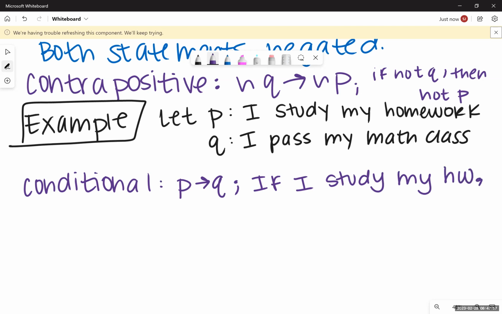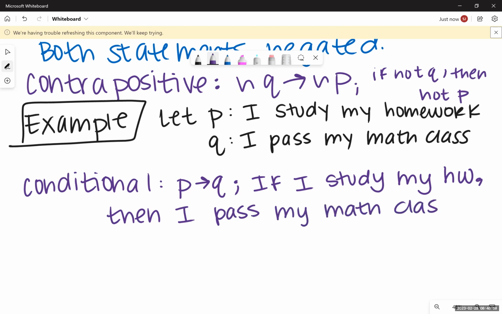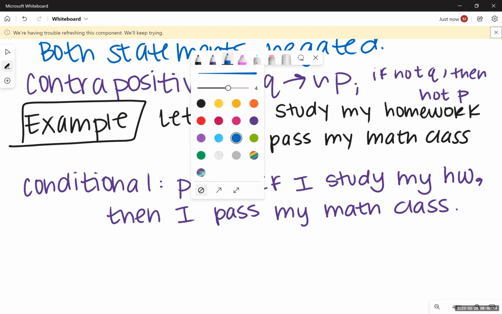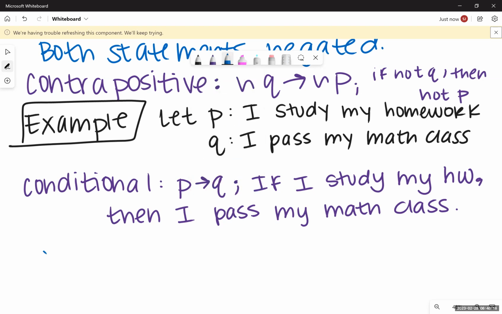If I study my homework, then I pass my math class. That's the original, right? That's just writing it as a conditional statement. For our converse, which is what? If Q then P. Somebody want to say what that will be?